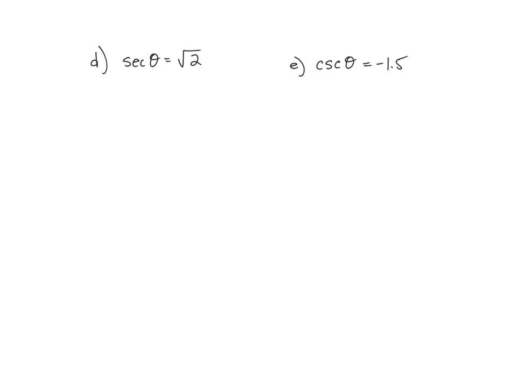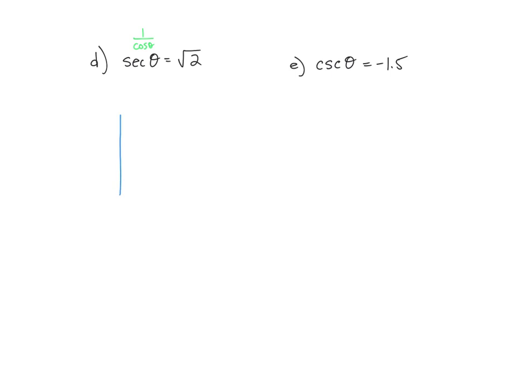I'm hoping what you'll notice in D and E is our equations are already simplified for us, but you'll notice we have our reciprocal functions. A couple of things that we can think about. Secant is 1 over cos, the reciprocal of cos, and we have secant theta equal to a positive root 2.